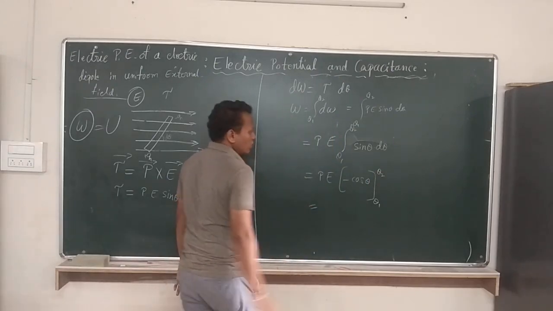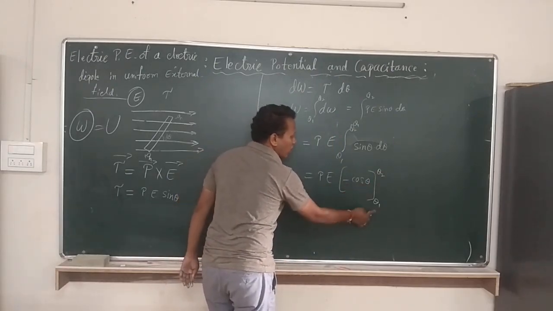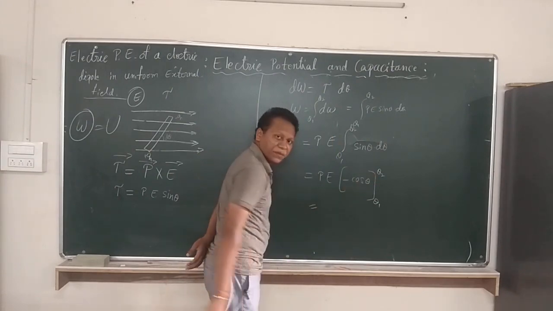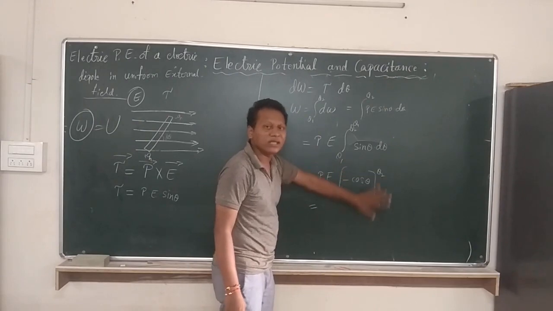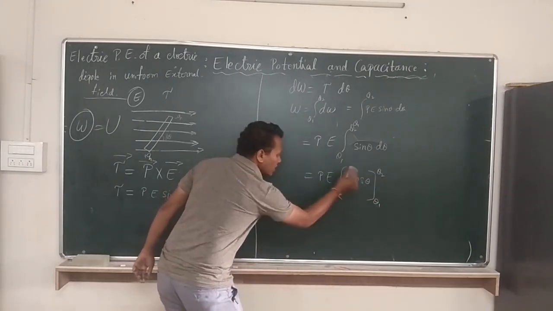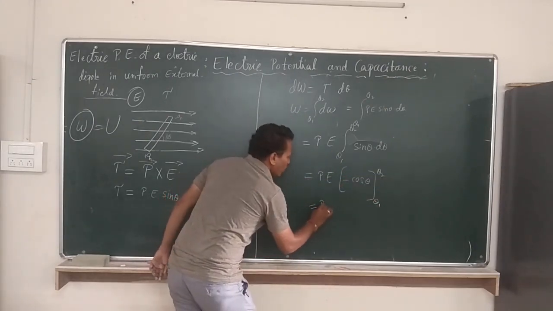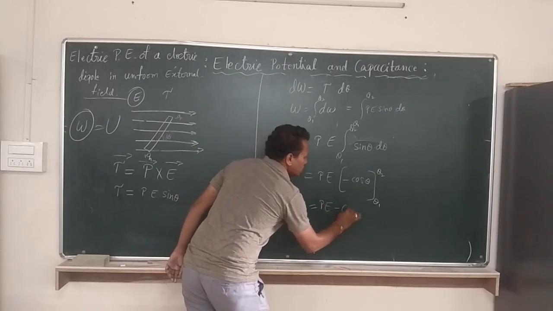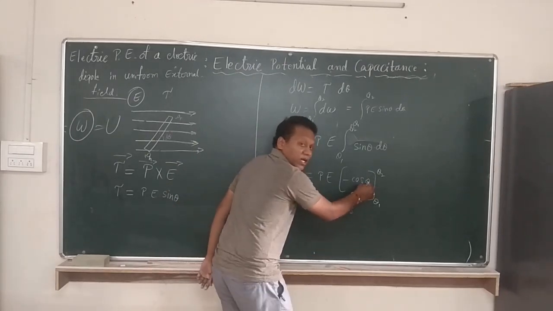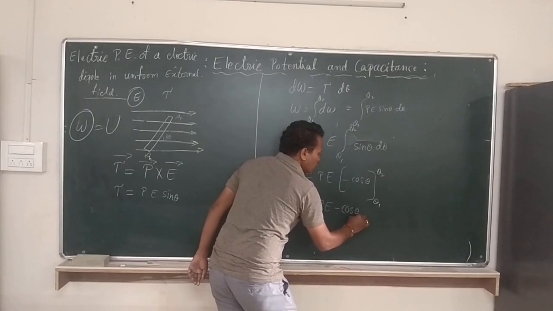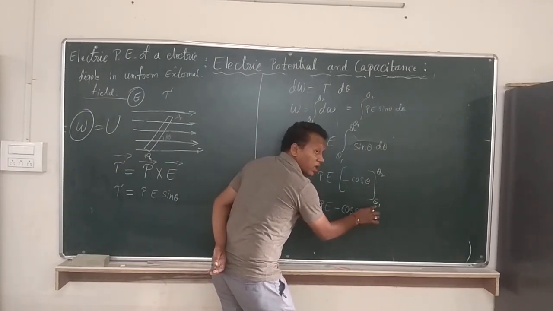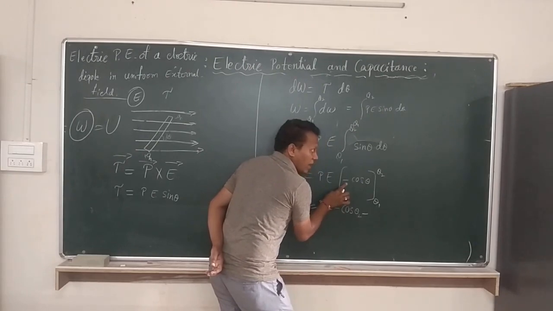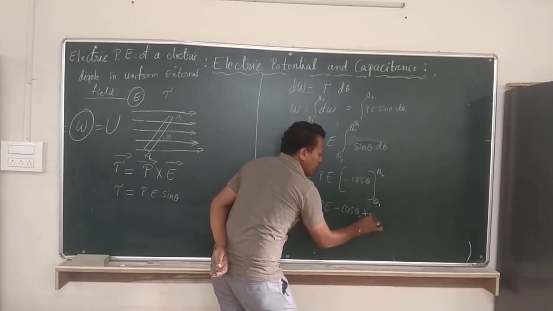Now move on to PE times minus cos theta from theta 1 to theta 2. These are the variable angles. Now apply the upper and lower limits. PE times minus cos, and in the place of theta first substitute theta 2, then in the place of theta substitute theta 1. Here we already have a minus, and minus into minus will be plus.